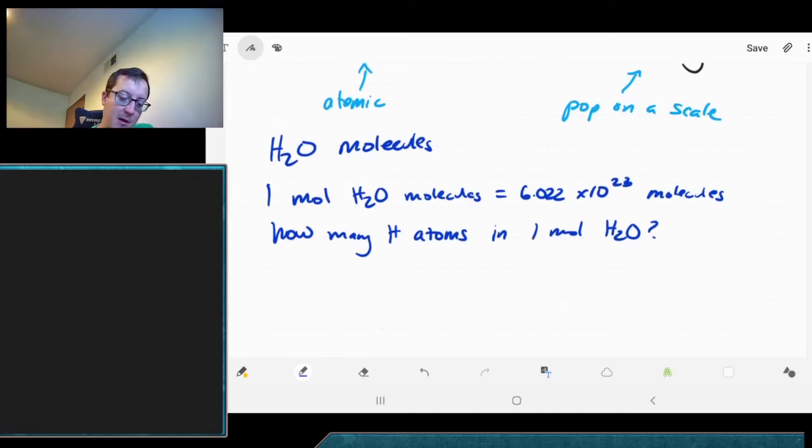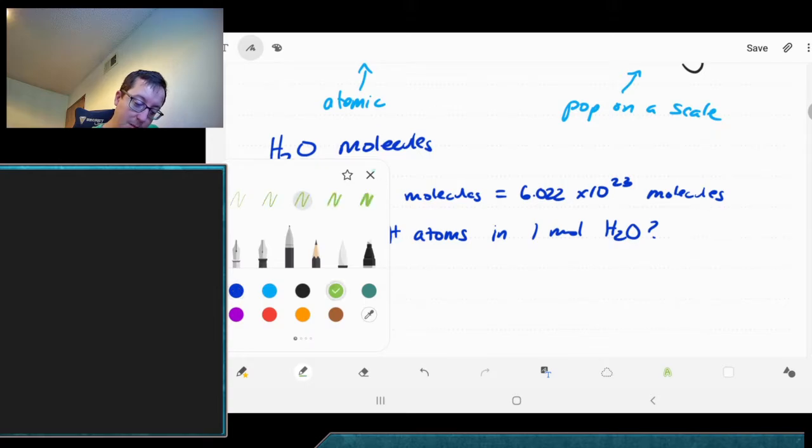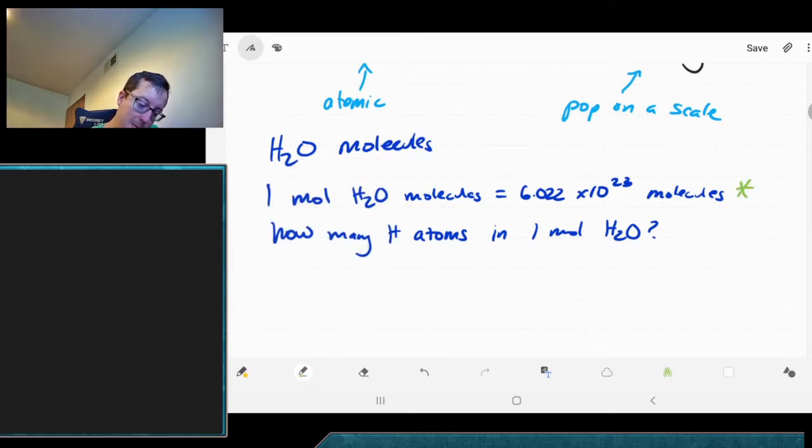Well, we could say, okay, well, we know that one mole of water molecules is 6.022 times 10 to the 23 molecules of water. That's a conversion factor, by the way. Anytime we see an equal sign like that, that means something's a conversion factor.